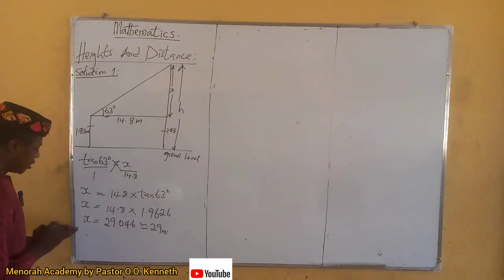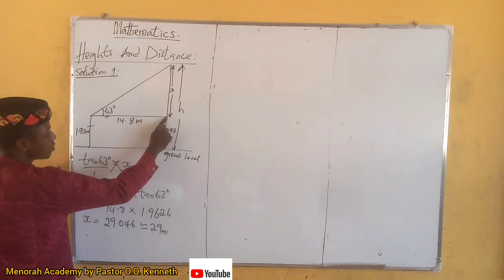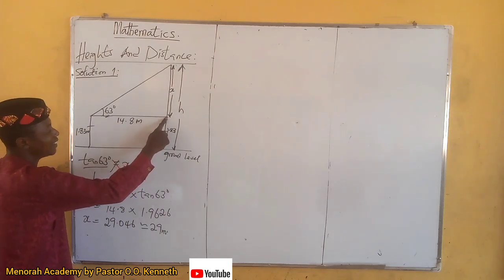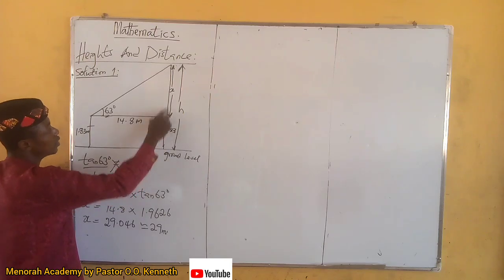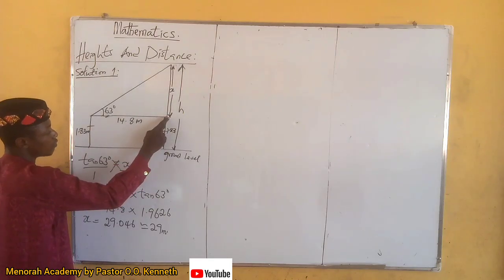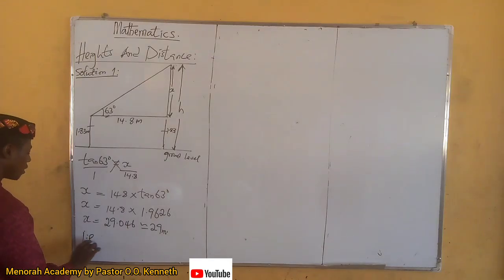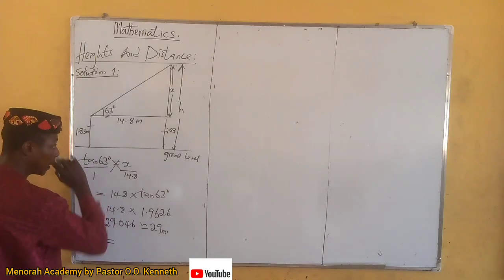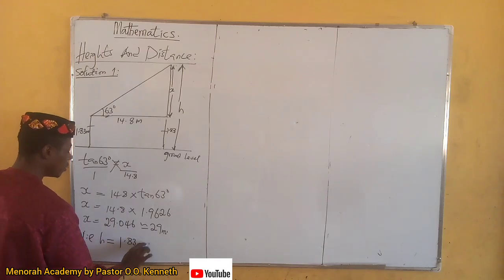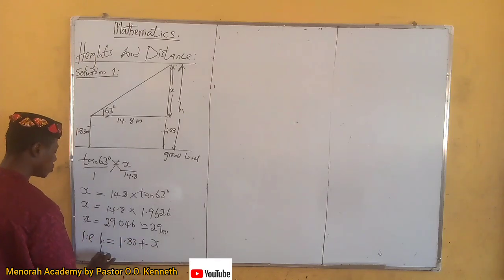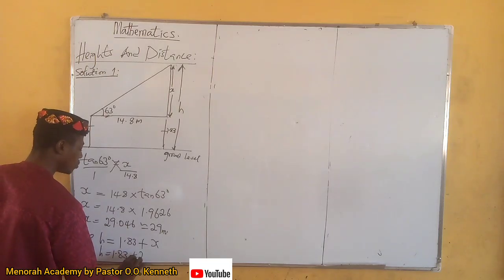Now, from this particular point to this place is 29 meters. The height of this tower is going to be from here to this place, which we have found, plus this place. So our h, the height of the building, will be equal to 1.83 plus x, which is 29.